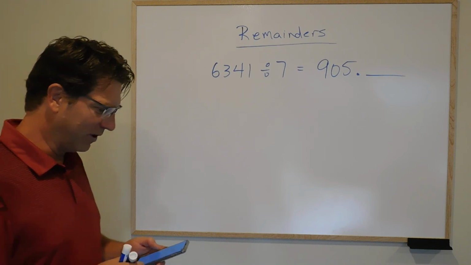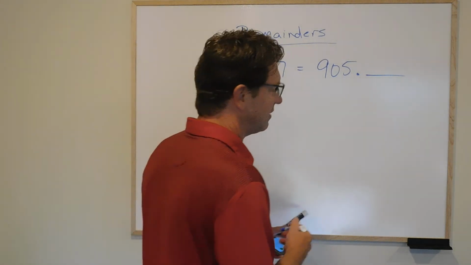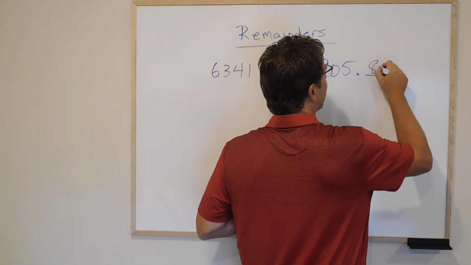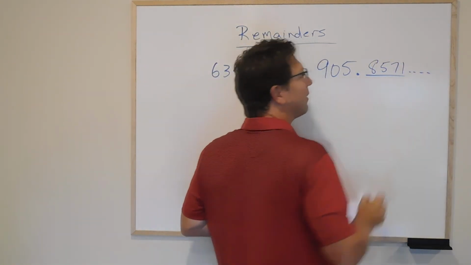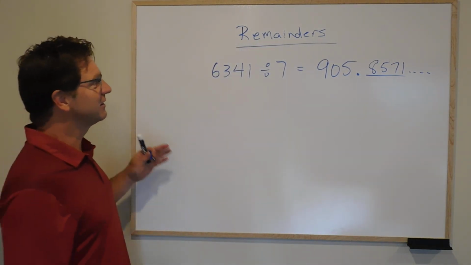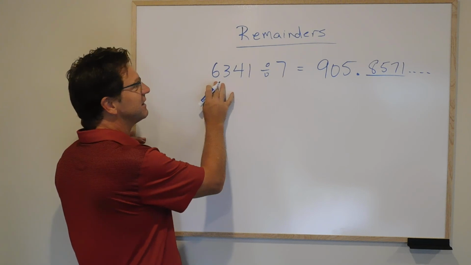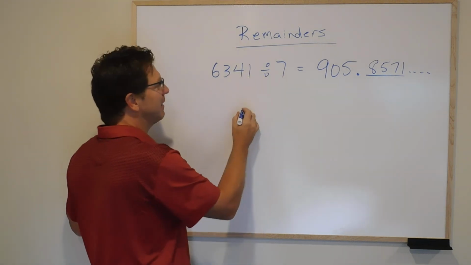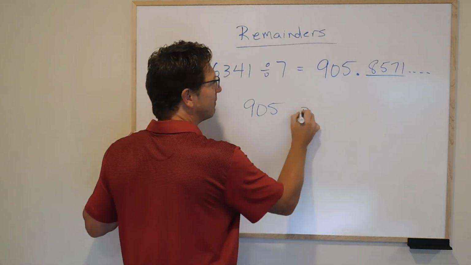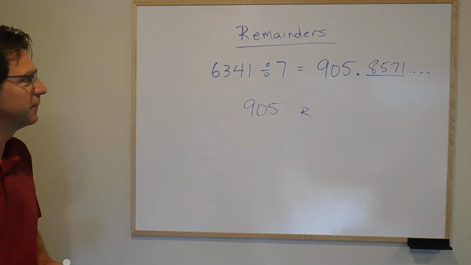It's going to be 0.857, 571, and it keeps going, okay? Now, the reality is, if I divide 6,341 by 7, I'm going to get 905, and I'm going to have something left over.